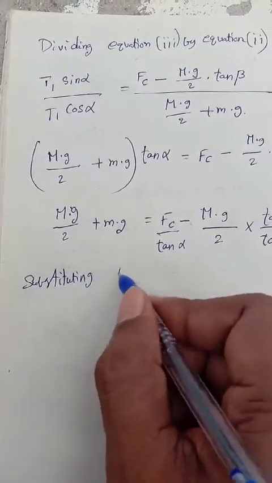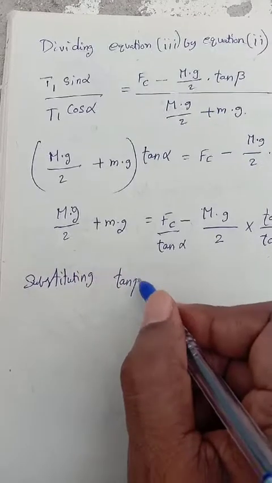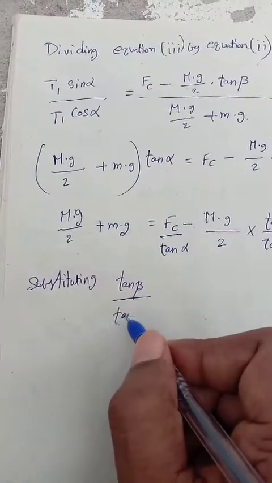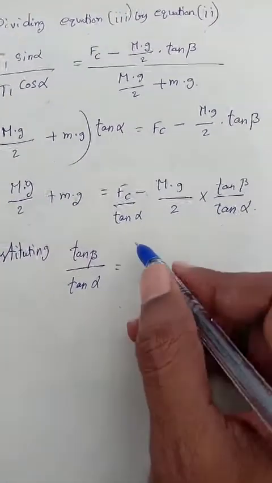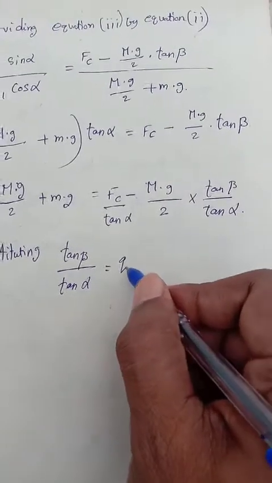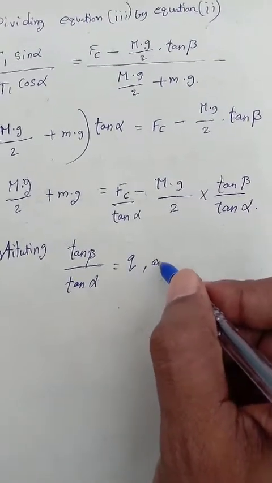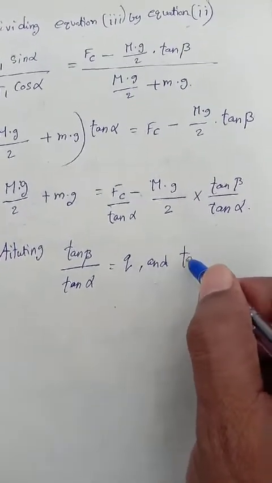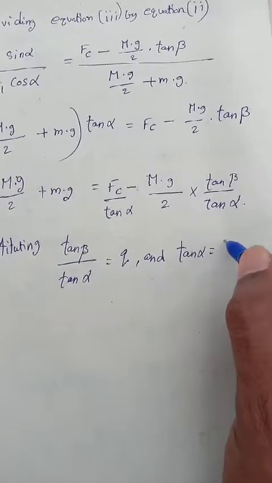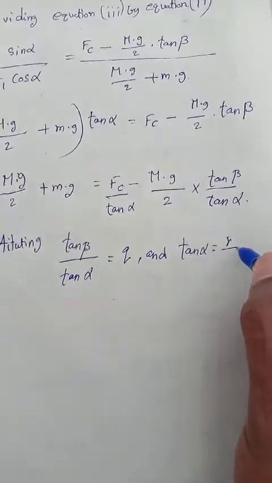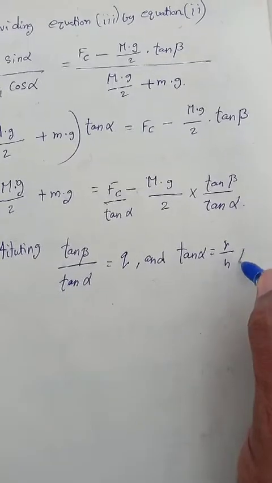And then substituting tan beta by tan alpha is equal to Q, and tan alpha is equal to R by H.